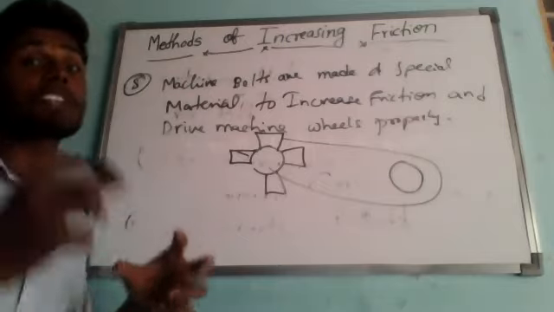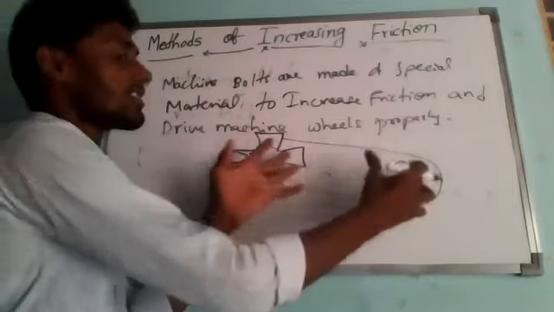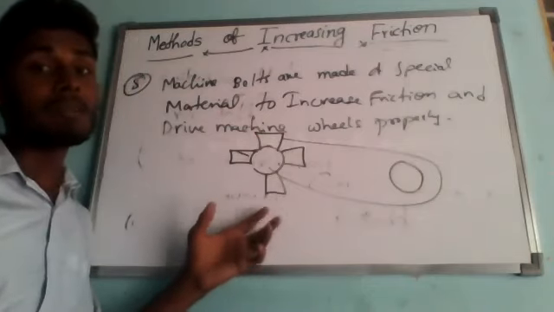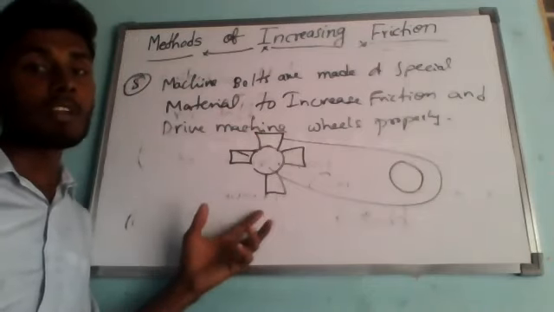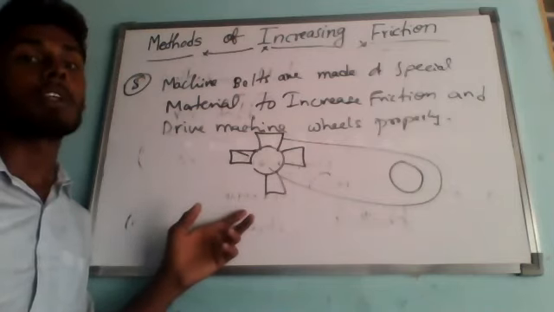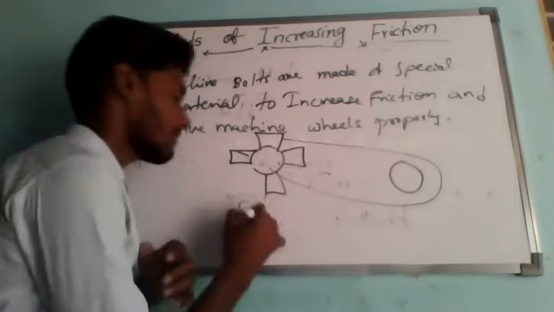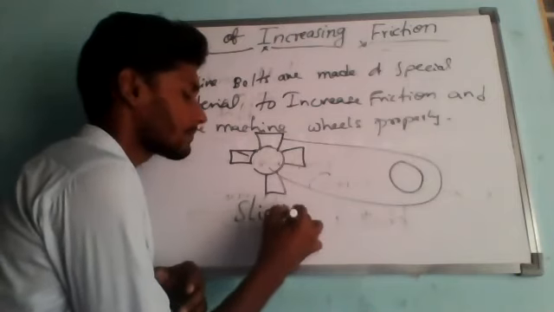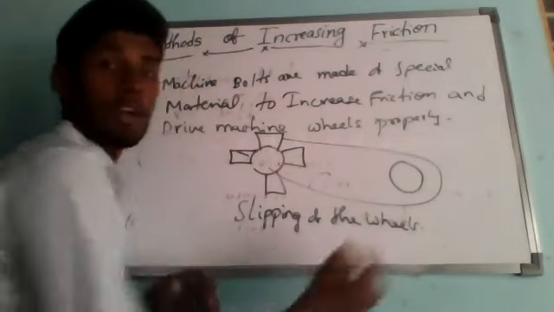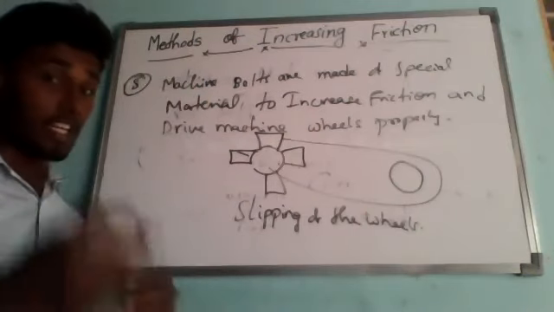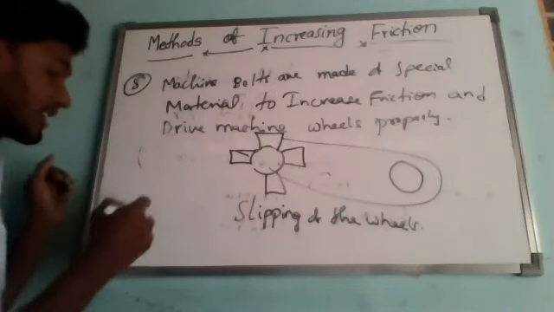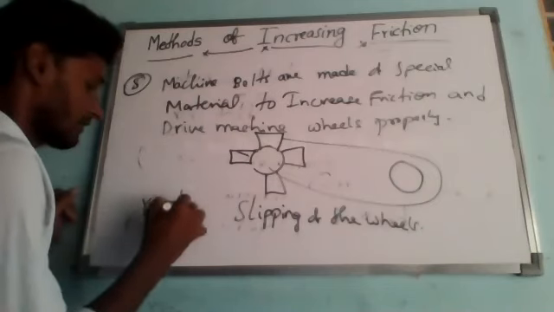Greater friction is required between the belts and machine wheels to hold the wheel and pump tightly, so that the belts can drive machine wheels properly without slipping. So to increase friction, these machine belts are made of a special material having very rough surfaces.